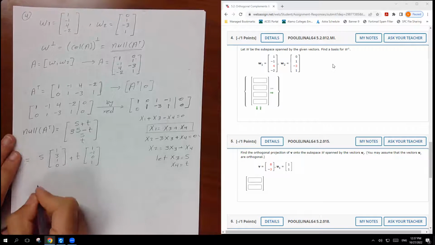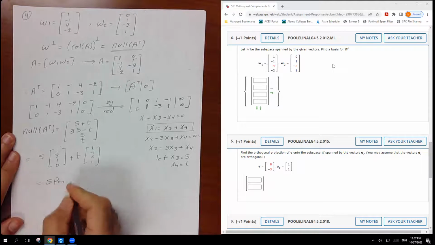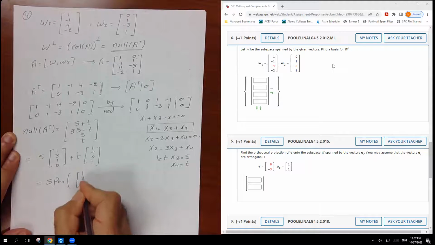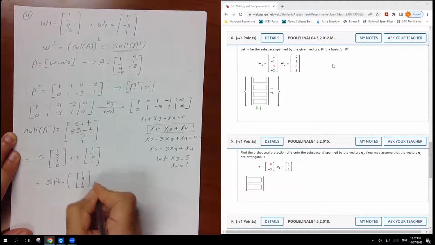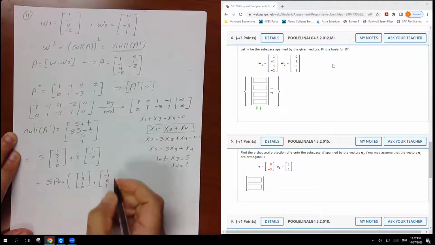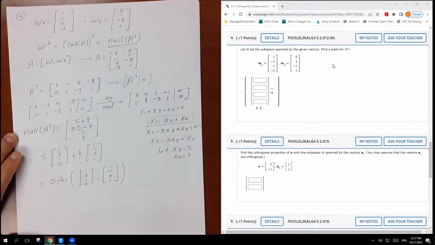That means here is the span. The null space is going to be the basis, which is the span of 1, 3, 1, 0 and 1, negative 1, 0, 1. That's it for this example.